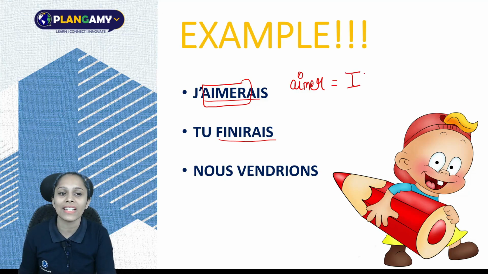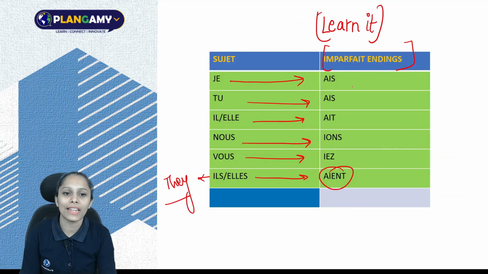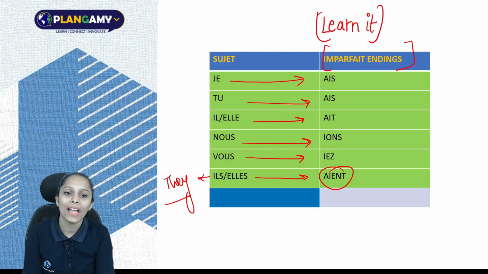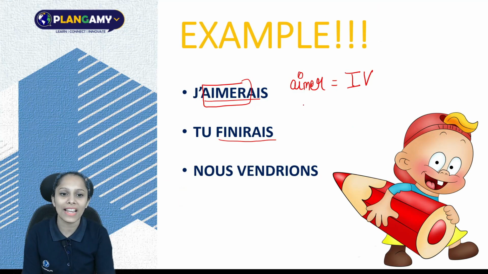I'm just writing IV, infinitive verb. So what does our rule say? Our rule says we have to take the futur simple stem and add these endings. Can you see these endings? Amazing. We have to add these endings after the R. AIS, AIS, AIT and so on and so forth.